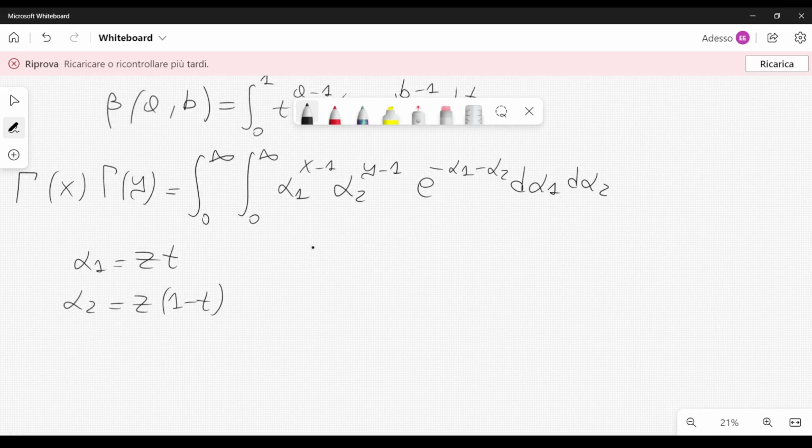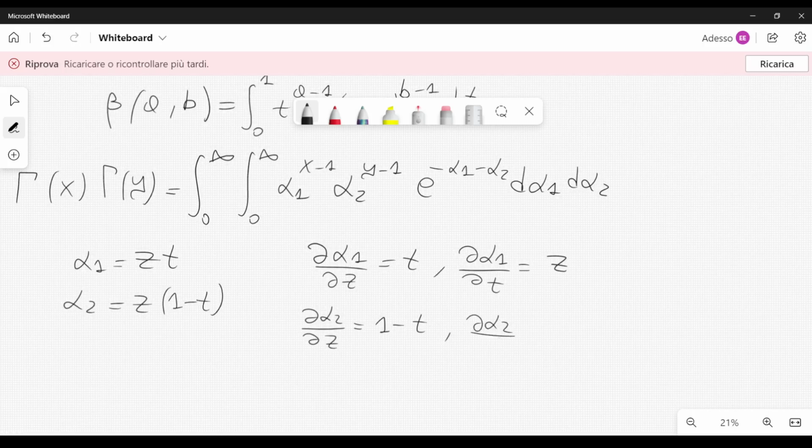And so in order to find how this integral transforms, we need to find the Jacobian of the transformation. So we need to calculate d alpha 1 dz, which is equal to t. Then we have d alpha 1 dt, which is equal to z. And then we need d alpha 2 dz, which is equal to 1 minus t, and d alpha 2 dt, equal to minus z.